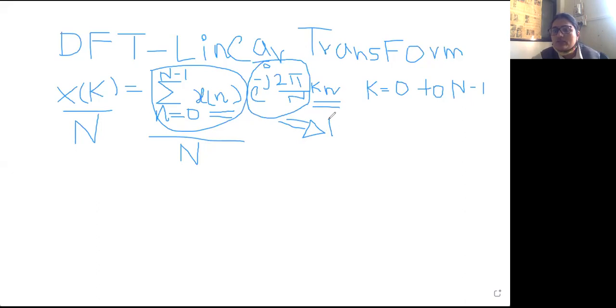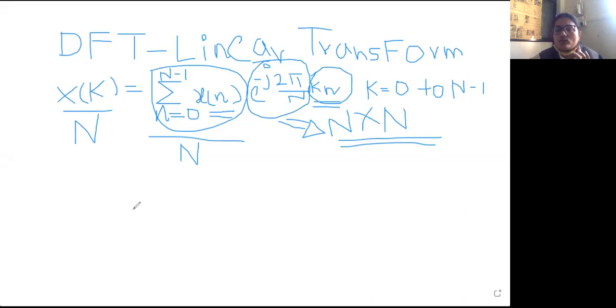We perform n by n computations for this particular exponential part, because k varies from 0 to n minus 1, and n also varies from 0 to n minus 1. As there are two variables, k and n, the number of computations we have to perform is n by n.